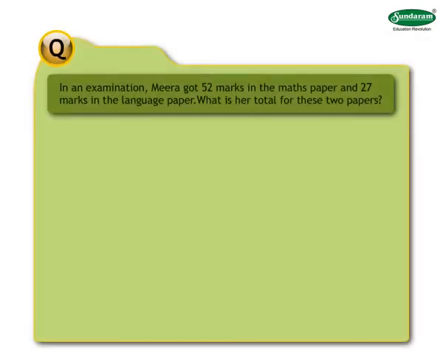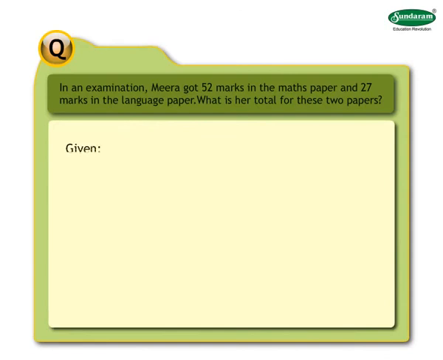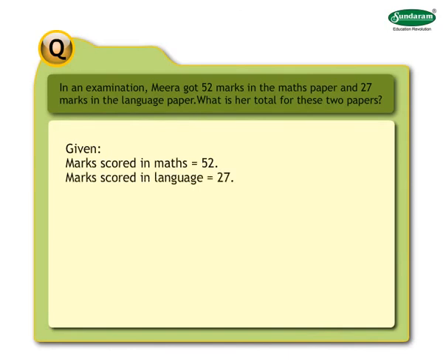In an examination, Meera got 52 marks in the maths paper and 27 marks in the language paper. What is her total for these two papers? Solution: it is given that marks scored in maths is equal to 52. Marks scored in language is equal to 27.